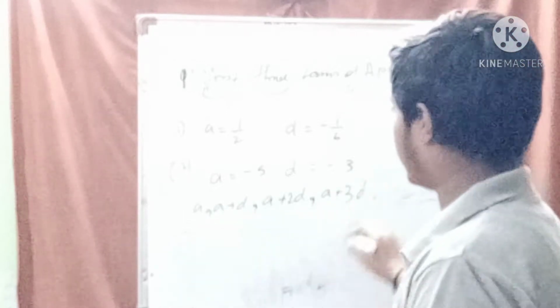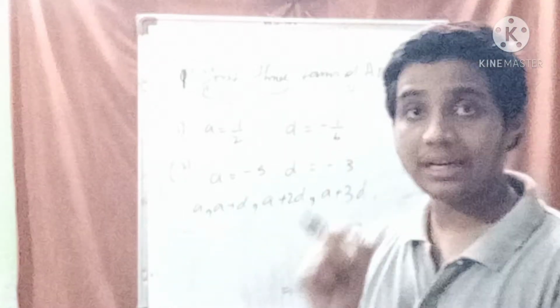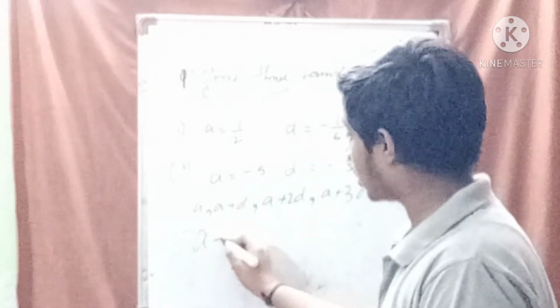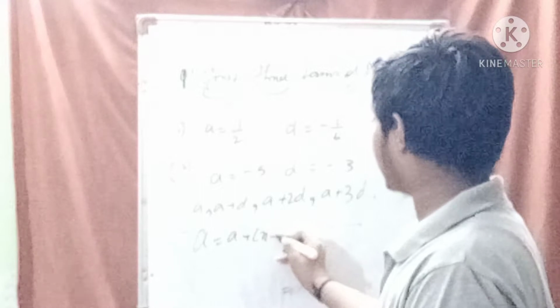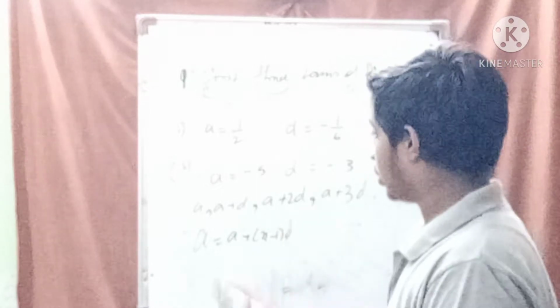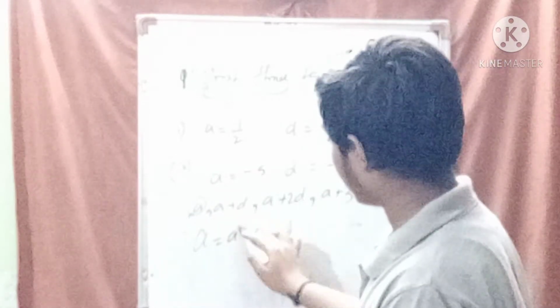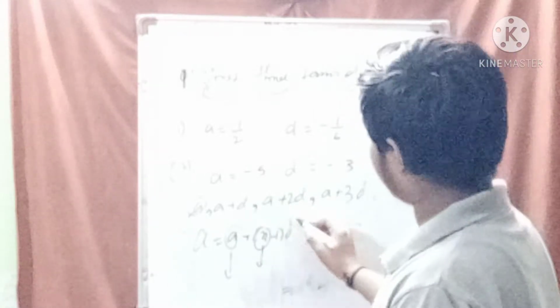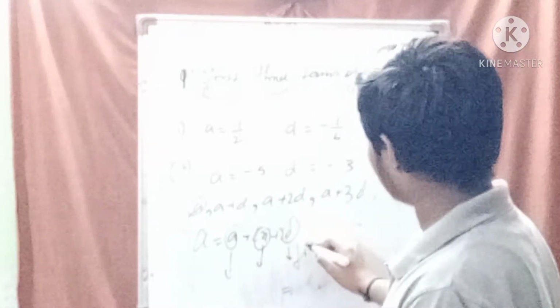There is one less D than the terms you need. The formula is the nth term equals A plus n minus 1 into D. Here A is the first term, n is the number of terms that you want, and D is the common difference, or the fixed value, that I explained in my last lecture.